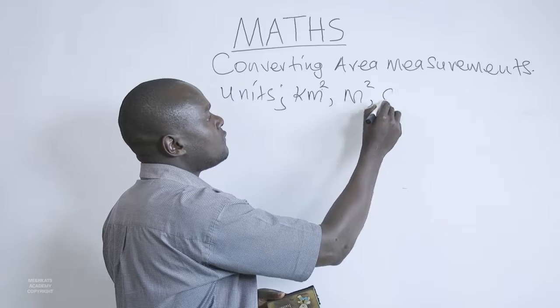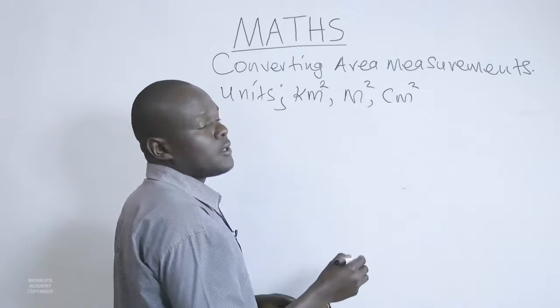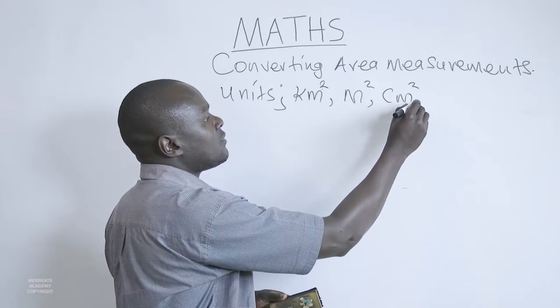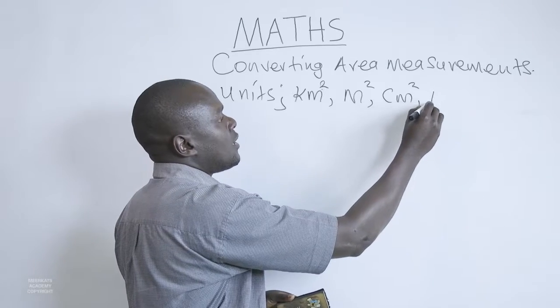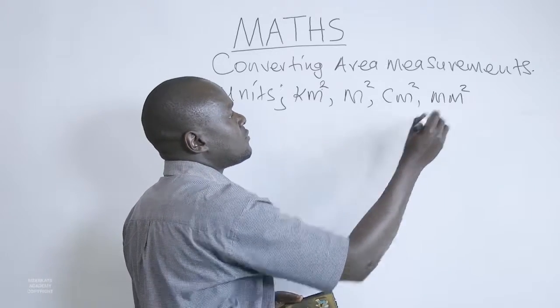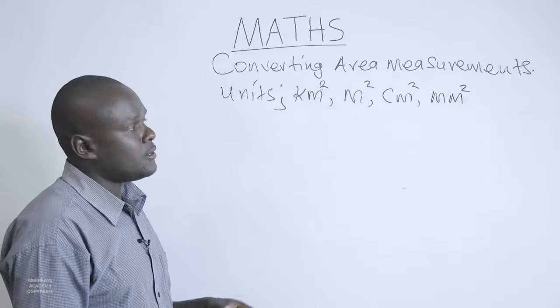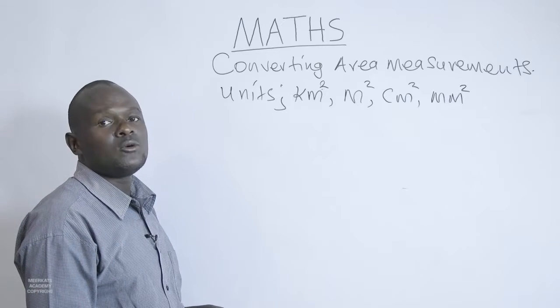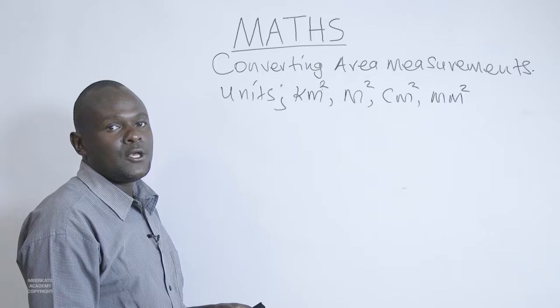We can also have centimeter squared, and we can end up having the smaller one. These are millimeter squared. These are some of the units that are commonly used when measuring area.